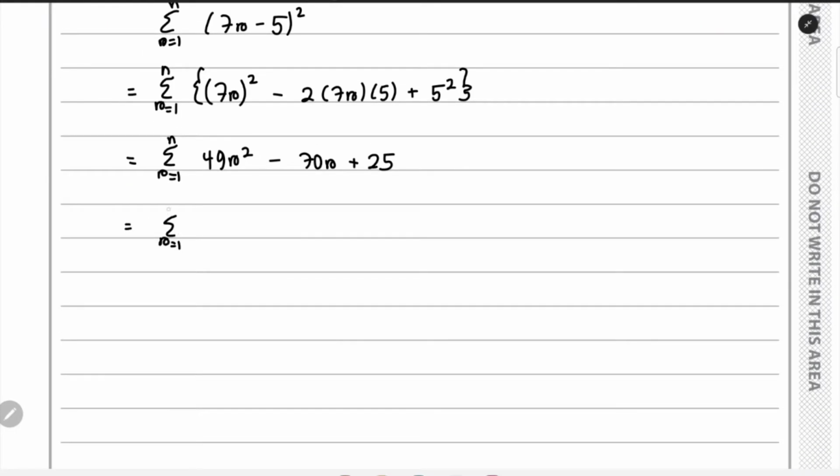So I have the summation of r equals 1 to n of 49r squared. I can write the 49 outside and only have the variable inside. Then I'll have minus 70 times the summation of r equals 1 to n of r, and then I have the summation of 25 from r equals 1 to n.